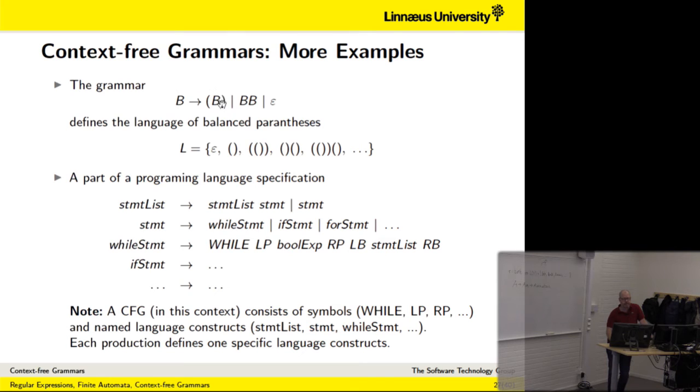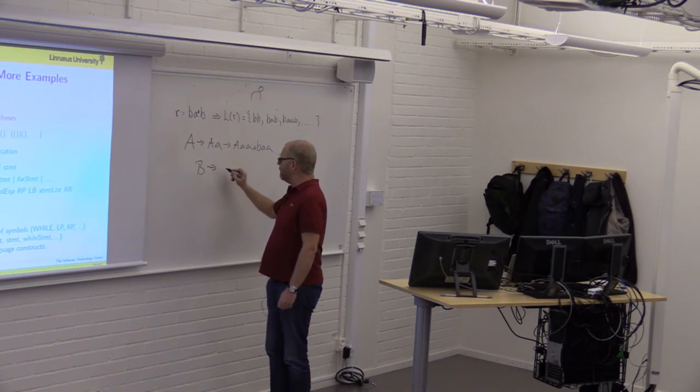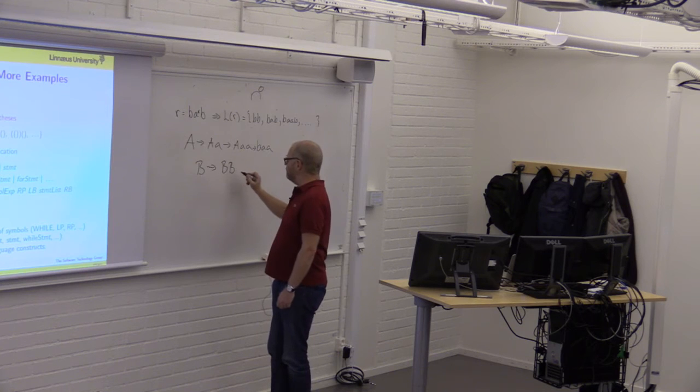B can be parenthesis B, B B, or the empty string. Starting from this one, I can derive the set of all expressions containing balanced parentheses, where we have one left and one right matching each other. If I would like to show that, for example, this one belongs to this language, I start with B. I apply the rule saying that B can go to BB.